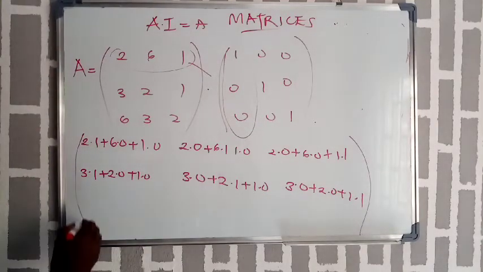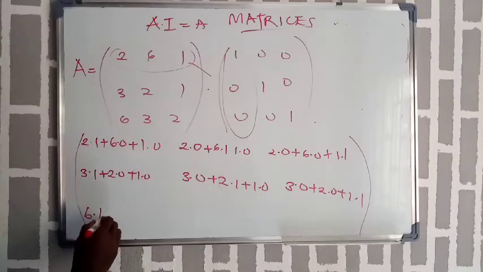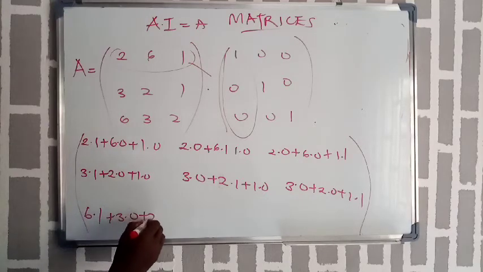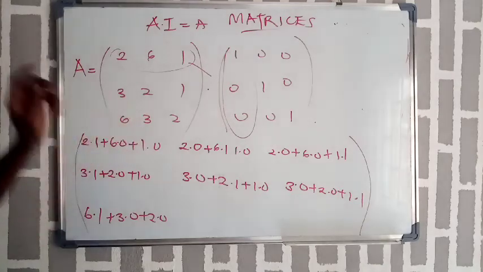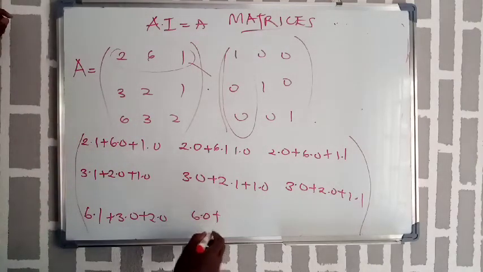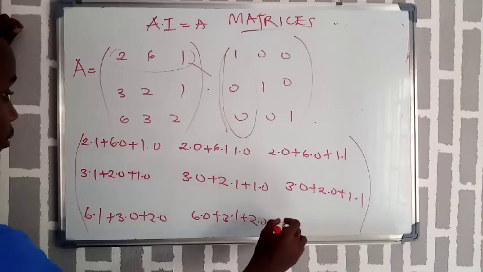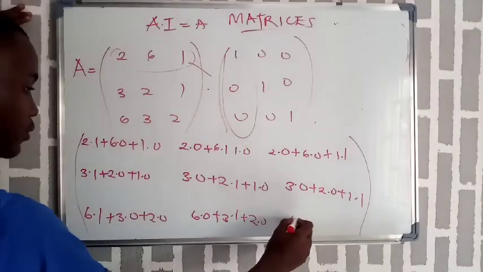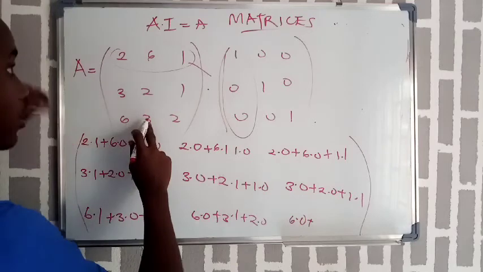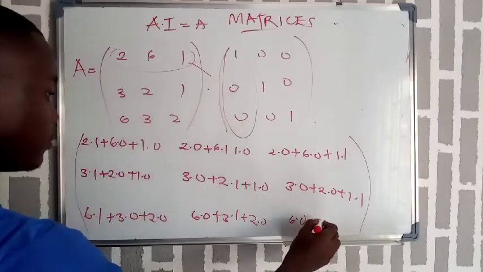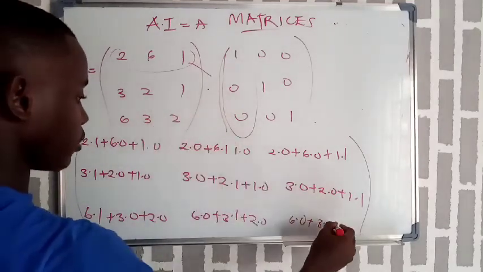Do the same thing over here. It's 6.1 plus 3.0 plus 2.0. 6.0 plus 3.1 plus 2.0. 6.0 plus 3.0 plus 2.1.